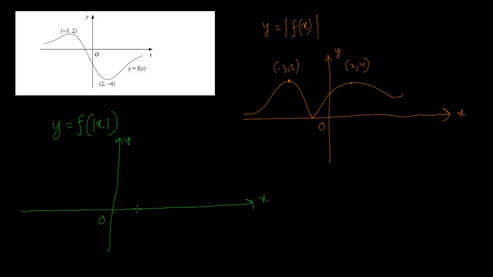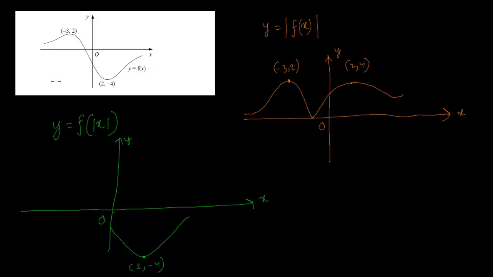Let me sketch this first with the positive portion of the x-axis. So this is like this. So this is the sketch on the right hand side of the y-axis, or the positive x-axis sketch.